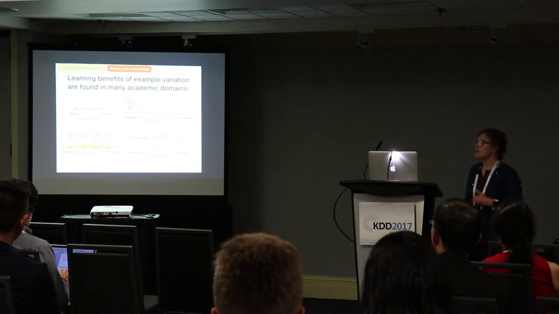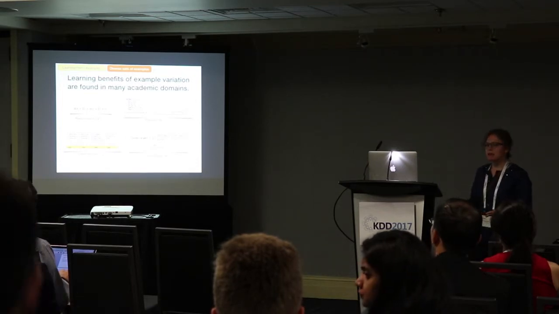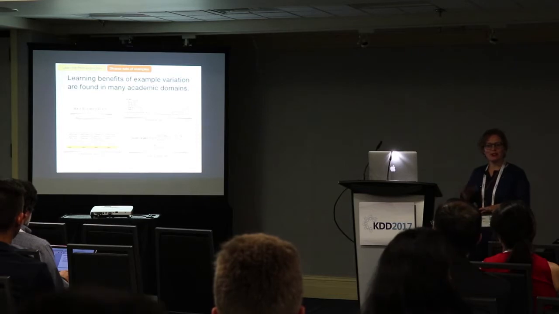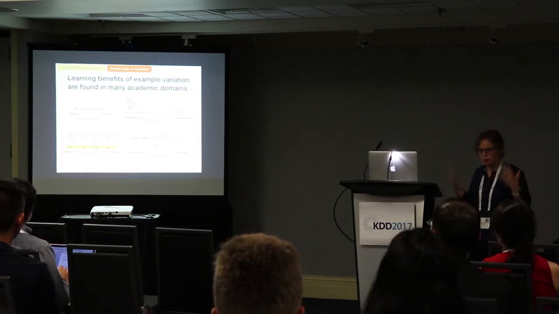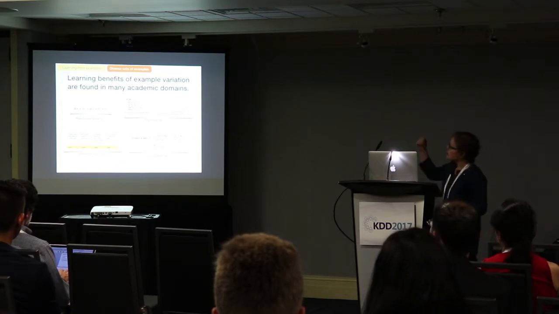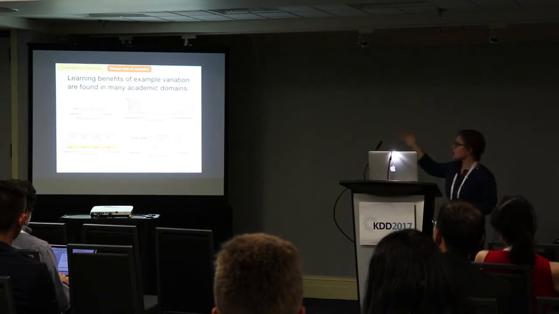The learning benefits of example variation have been found in many academic domains, so we're not going to verify that with our systems. The learning scientists are already pretty confident that this is a robust way to help. You see it in mathematical equation solving, in geometric reasoning.